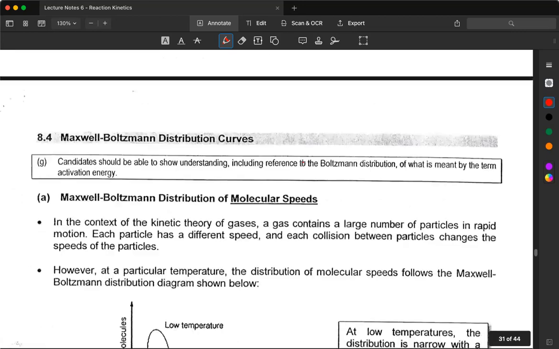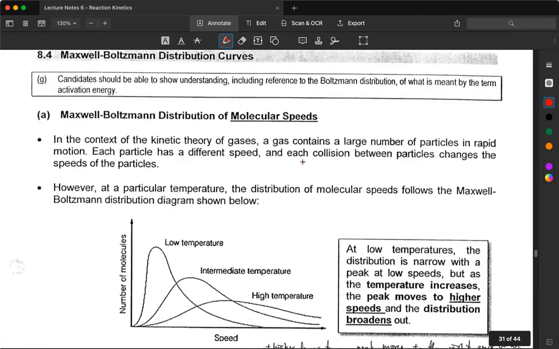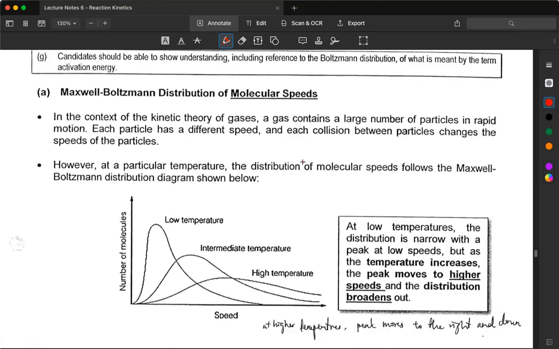Okay, this is the Maxwell-Boltzmann distribution curve that shows the distribution of particles at different molecular speeds. So in the context of the kinetic theory of gases, this is mostly based on gases, okay, because in gases, particles are moving randomly in all directions at high speed. So we know that gas has a large number of particles in rapid motion.